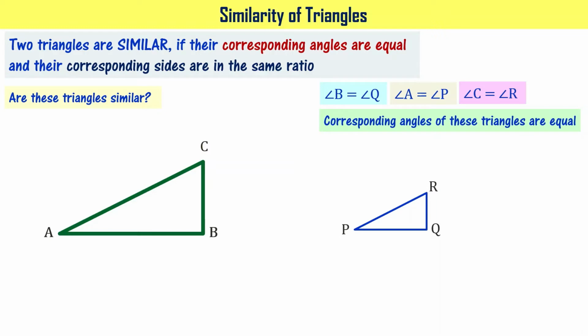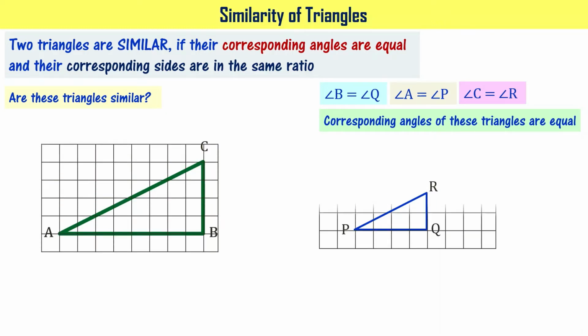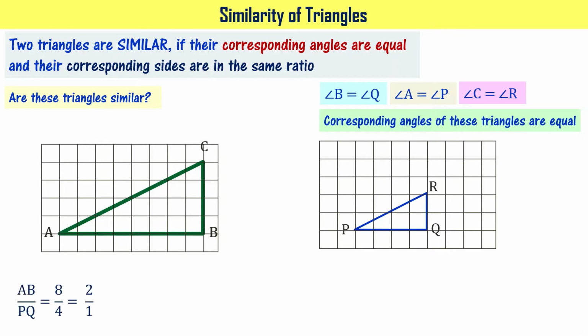Let's now worry about the corresponding sides, whether they are in the same ratio or not. As you see here, length of side AB is 8 units and length of side PQ is 4 units. Those are corresponding sides and their ratio is 2:1 or 2 by 1, right? BC by QR is also equal to 2 by 1.